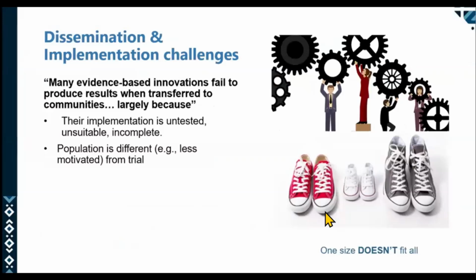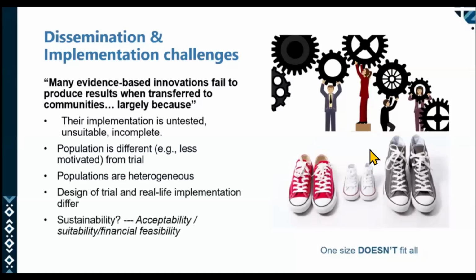We should know that one size doesn't fit all. We have different populations with different needs and different settings. So we should be able to adapt our implementation in a way that is going to be context specific and suit the particular situation where we are.